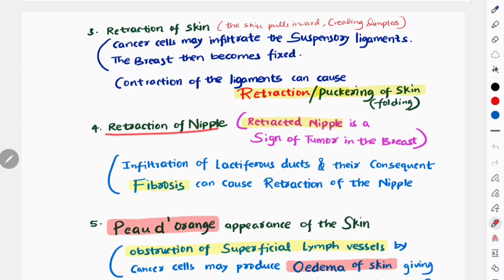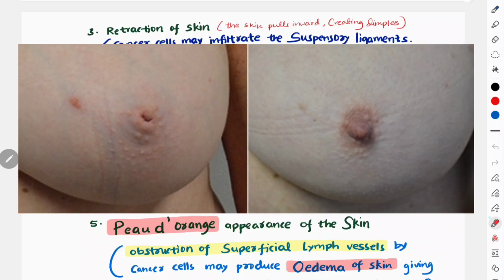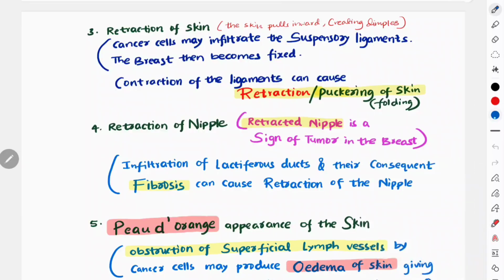Retraction of nipple. If this is the breast and this is the nipple, the nipple becomes retracted. It will become like this, inwards, inverted, contracted inwards.